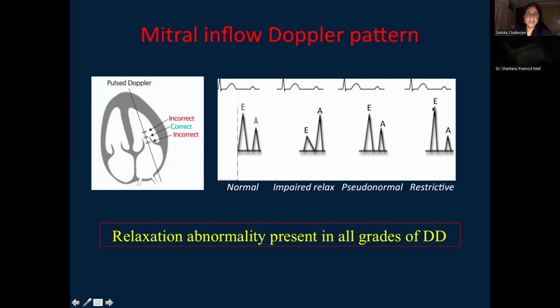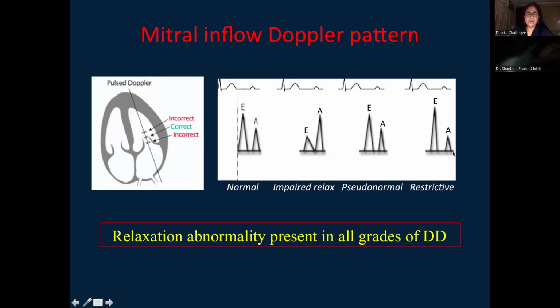But again, the LV is non-compliant, so the early equalization of the pressure between the LA and LV makes the quick deceleration of the blood. So a tall E wave, but a very small amount of blood goes with a high velocity, and the rest of the blood should have gone during the late rapid filling phase.